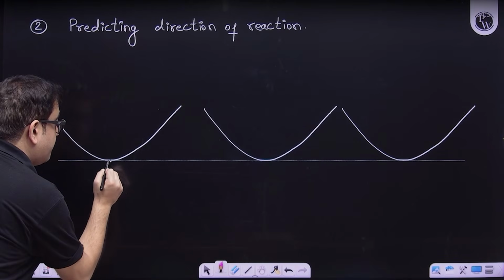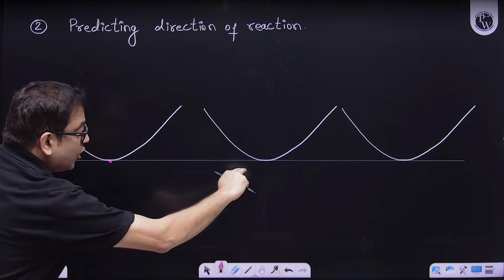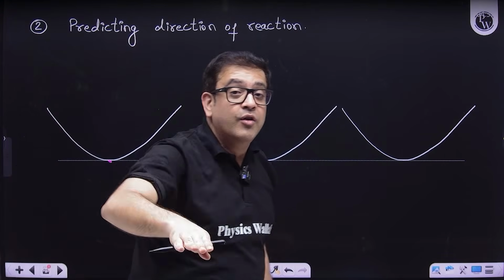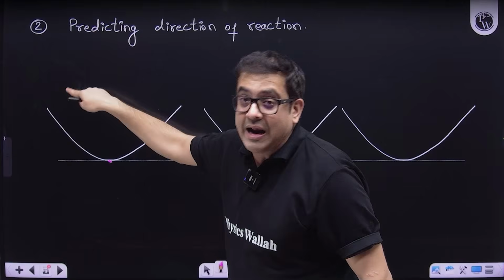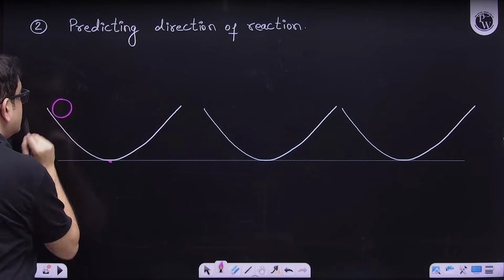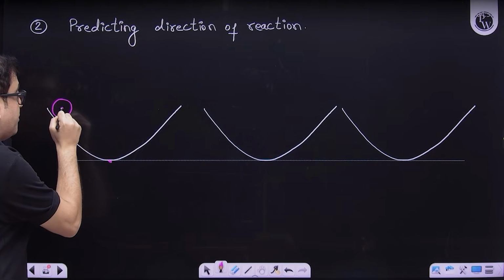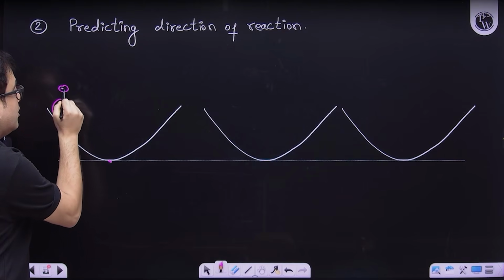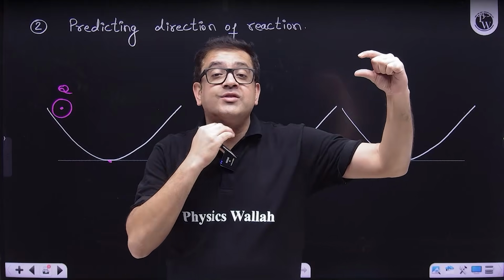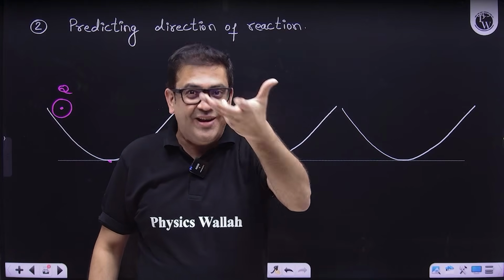Is this stable point the dotted line or the tracks of the dotted line? Because the value of K has nothing to do with the track. For example, a ball is here. The position of the ball is calculated by Q, the value of concentration of product upon reactant, whatever value you are getting.